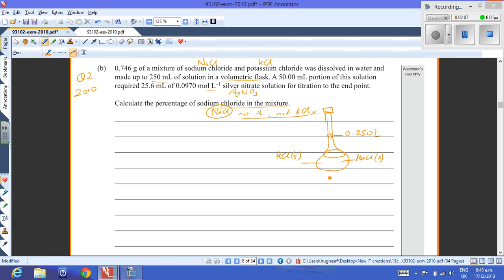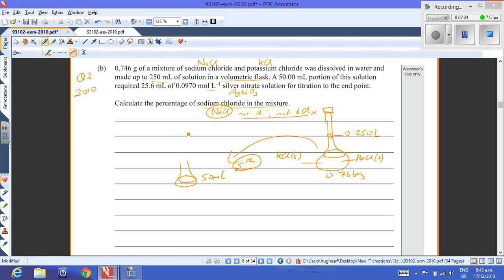And the total mass of those two things was 0.746 grams. And then we take 50 mLs off that, so we take a 50 mL aliquot, put it probably into a conical flask, and that we have 50 mLs right there. So we've only taken a fifth of the original volume there, just to bear that in mind.